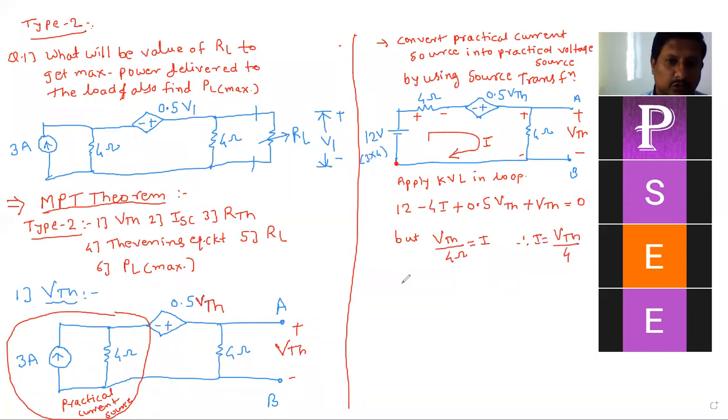So you can put here 12 minus 4 into VTH divided by 4. Wherever there is I you can replace it by VTH by 4. Plus 0.5 VTH plus VTH, how much will that be? 1.5 VTH is equal to 0.